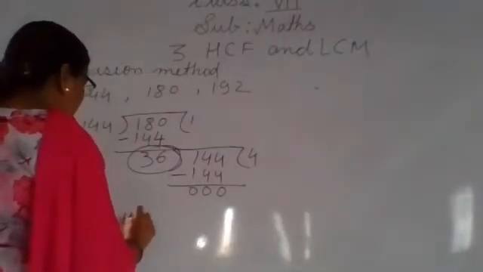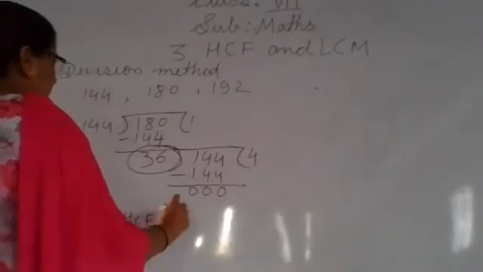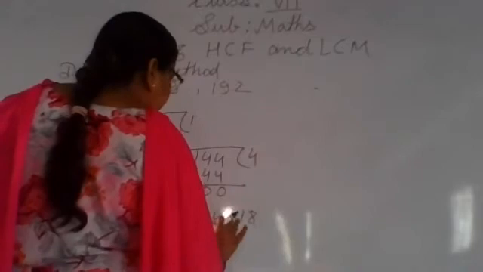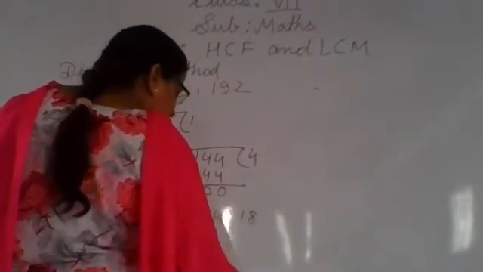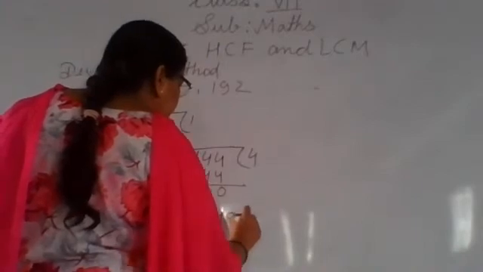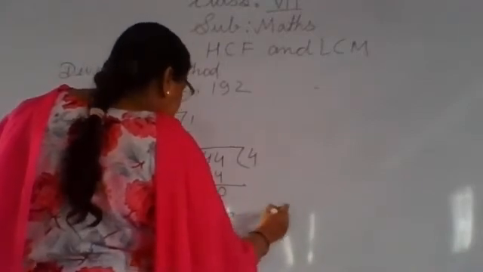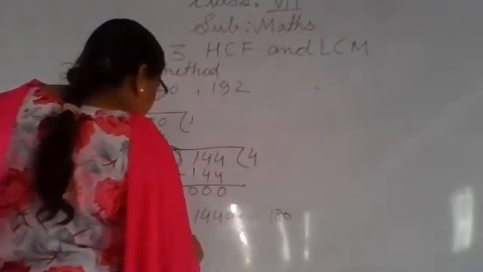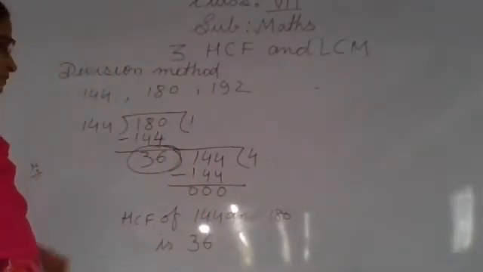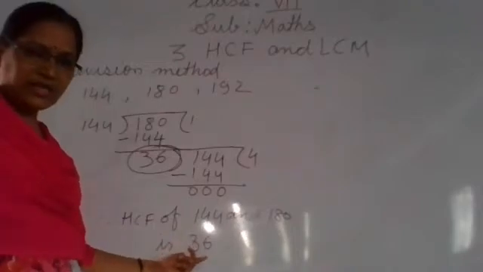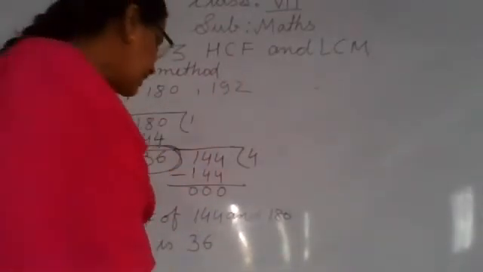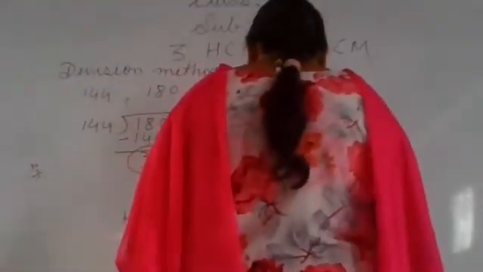Therefore, HCF of 144 and 180 is 36. Okay, now we will take this HCF and our third number, and then again we will do the same way.